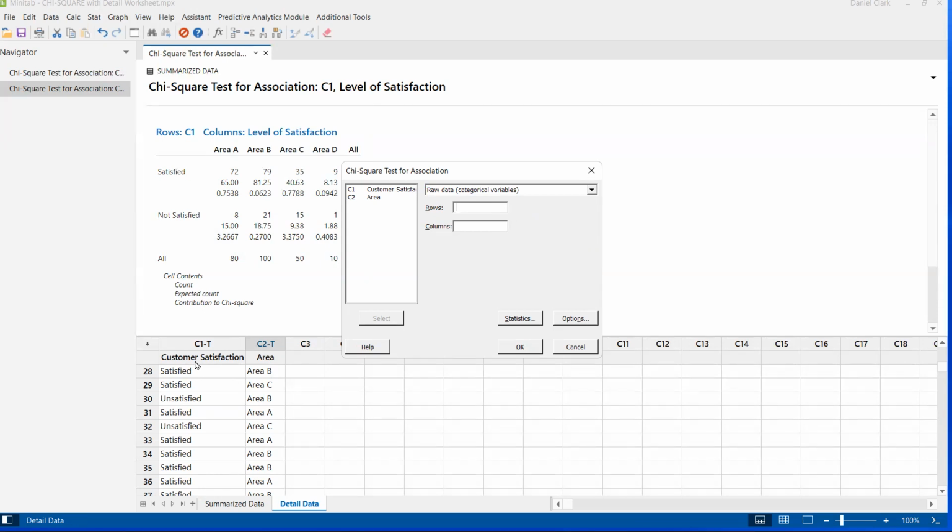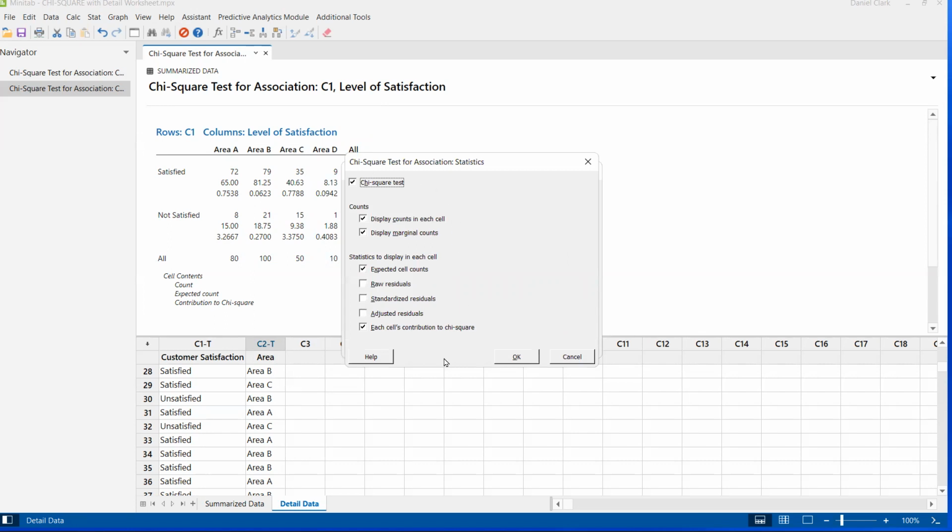In this case, it's the level of satisfaction. The input, the difference we're looking to see, if there's a source of difference, is the area. So the rows would be customer satisfaction, column would be area. You can see it's remembering the options that were last chosen for this test and left in each cell's contribution to chi-squared. Okay.